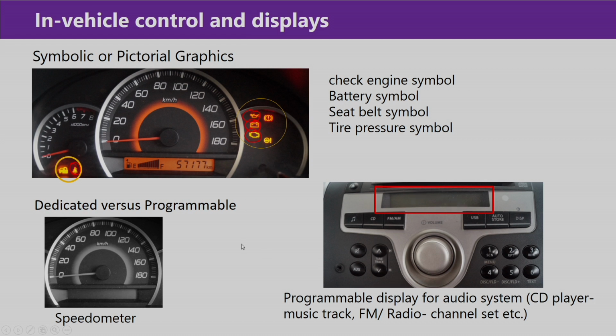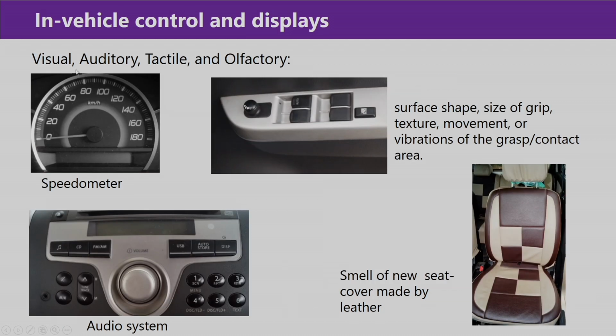So, this type of display we consider as the programmable display, and it is actually the same display used for multiple purposes, but in case of speedometer this is a dedicated display, only one type of information it is showing. Then there are displays based on the different types of our sensory modalities: vision, audition, touch, then olfaction.